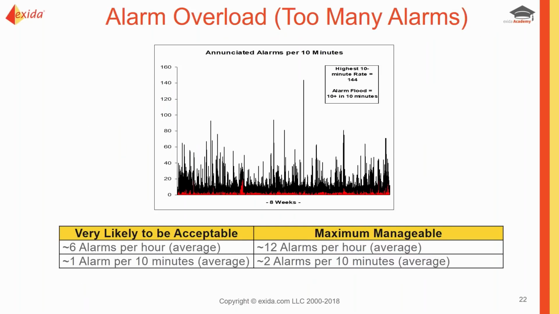And the EEMUA and ISA standards, with the human performance assessments that have gone on behind it, have determined that in general, operators can't deal with more than 1 to 2 alarms every 10 minutes on average. So that will be one of the key performance indicators that we want to calculate with our XLReporter tool and see what we're actually achieving versus those metrics.